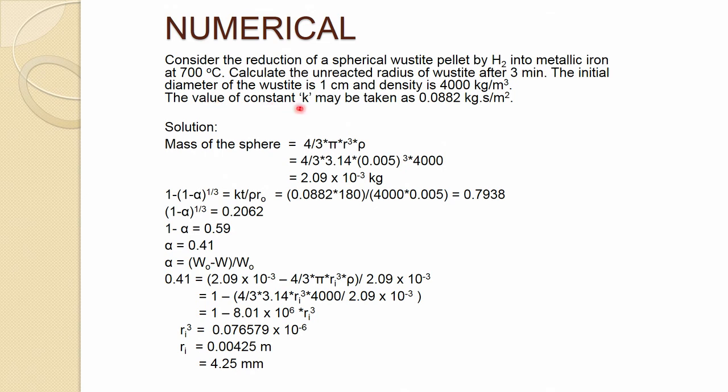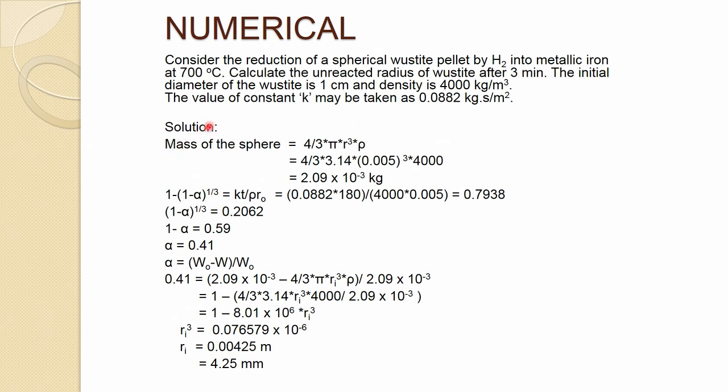The value of constant K may be taken as 0.0882 kg second per meter square. So, these are the parameters which are given, and what is needed is to calculate the radius of the unreacted Wurtzite after 3 minutes.